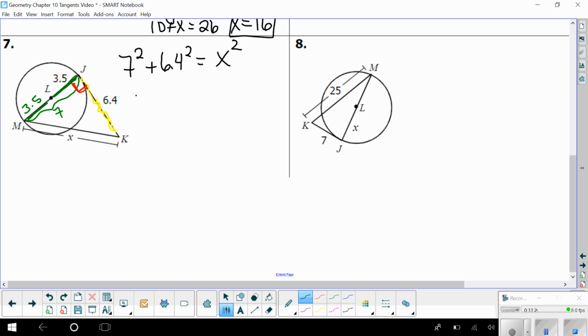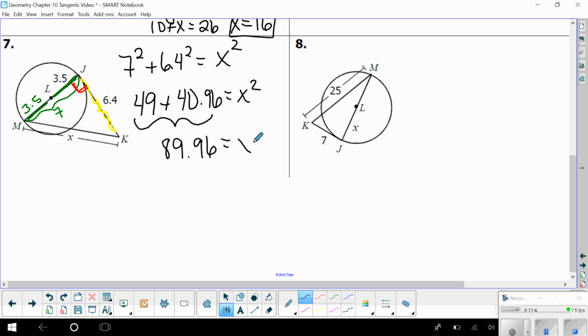So we get 49 plus 40.96 equals x squared. 89.96 equals x squared. So x equals 9.5.